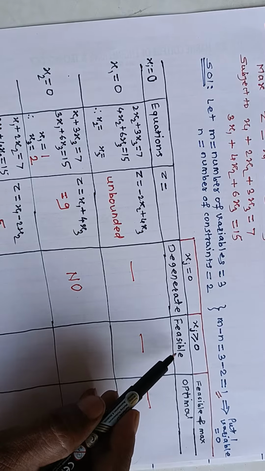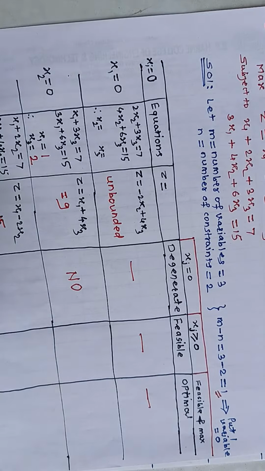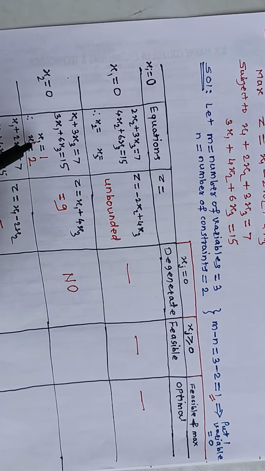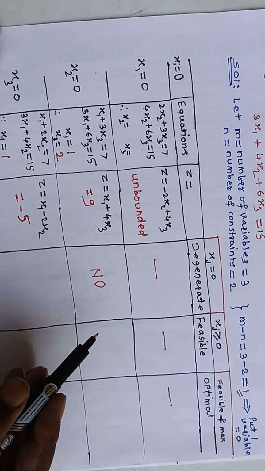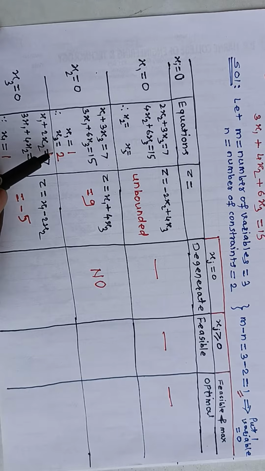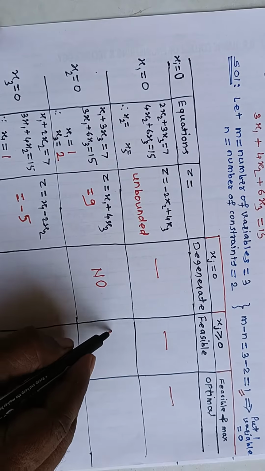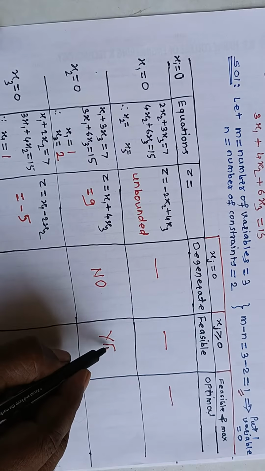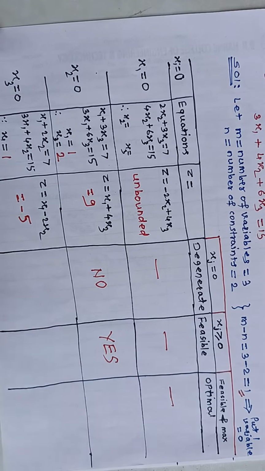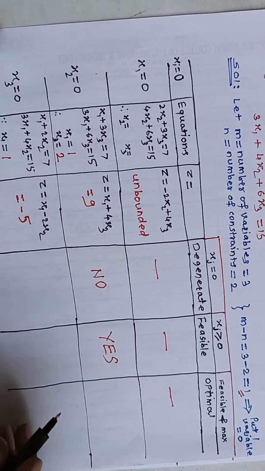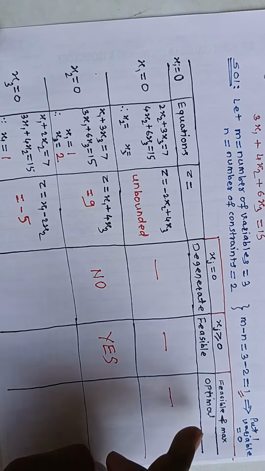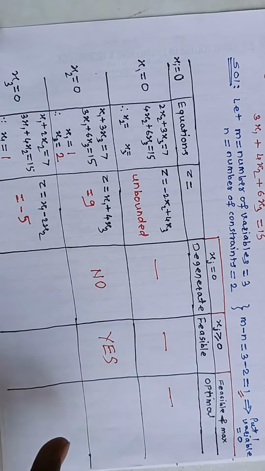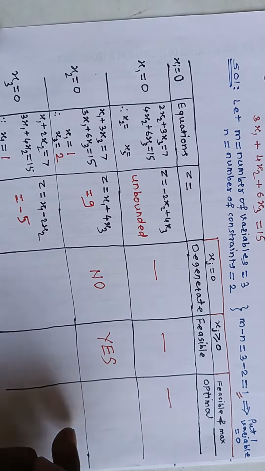Yes, it is feasible because these values are both greater than or equal to 0, both are positive. You can write here yes, the given solution is feasible.